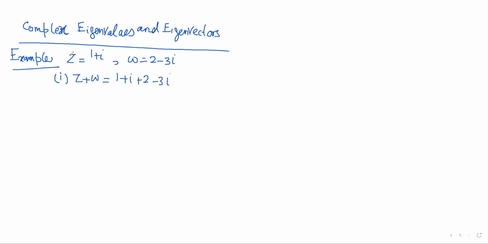A complex number has two parts, the real part and the imaginary part. The imaginary part is the one with iota, and the real part is the one without iota, that is the real number. So z plus w will be 3 plus 1 iota minus 3 iota, that is 3 minus 2 iota.